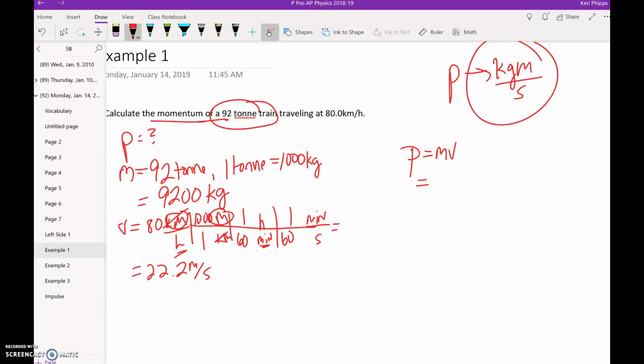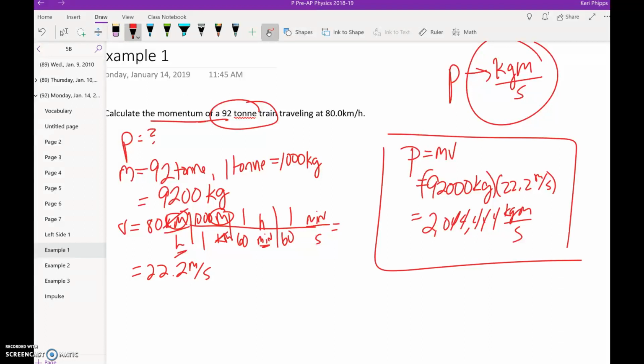So momentum is equal to 92,000 kilograms times 22.2 meters per second, and that's going to give us 2,044,444 kilogram meters per second. All right, there we go.